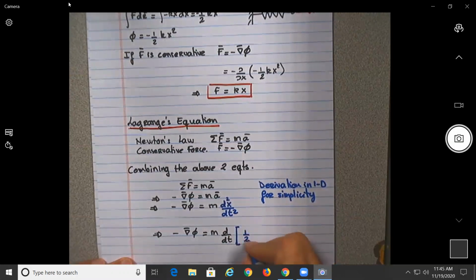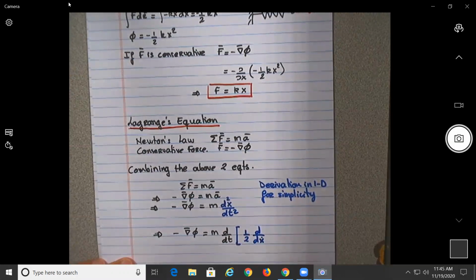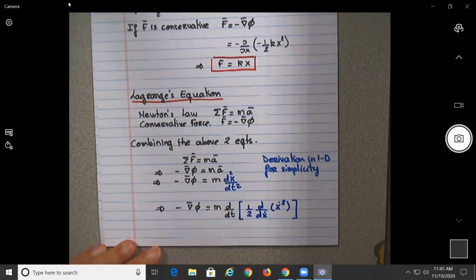Of 1/2 d, be careful here, dx dot of x dot squared. I mean, you can see now basically what's happening. What is really this term? I left the m outside, but m is a constant. I could put it outside, no? So it should be 1/2 mv squared, no?